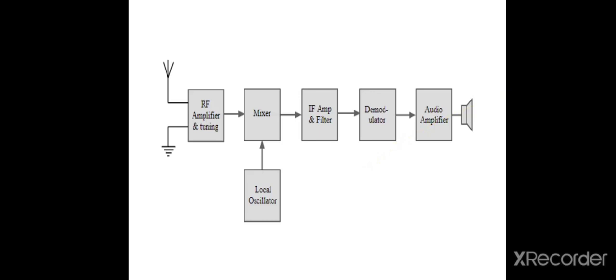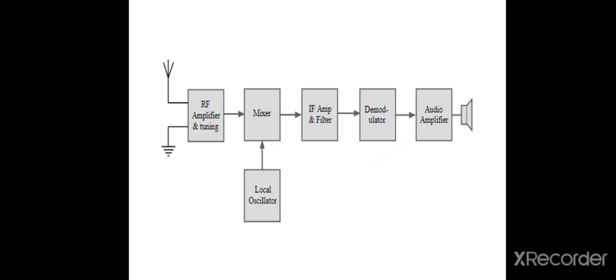In this block diagram, the input signal is received from the antenna. Then this input signal is transferred to the RF amplifier and tuning circuit. RF means radio frequency amplifier and tuning circuit. Then this signal is mixed with the local oscillator signal at the mixer. After that, it is transferred to the IF amplifier and filter.